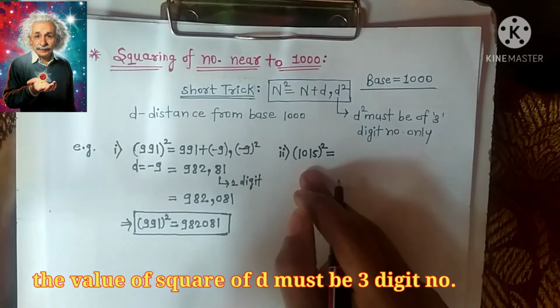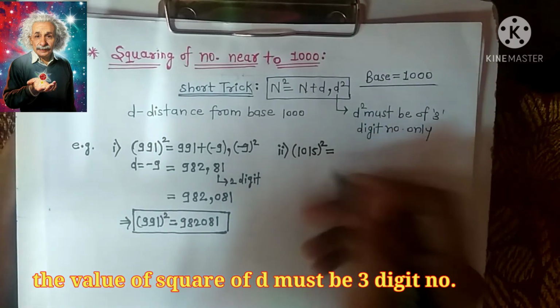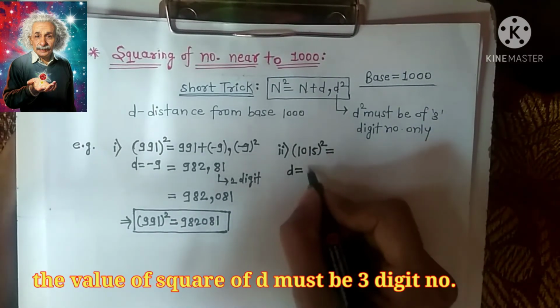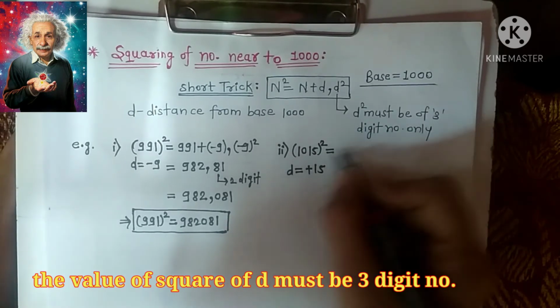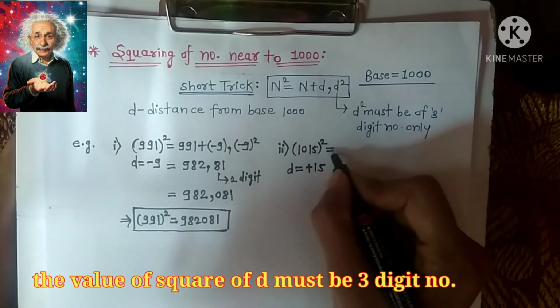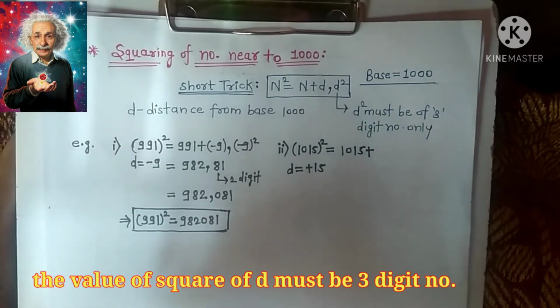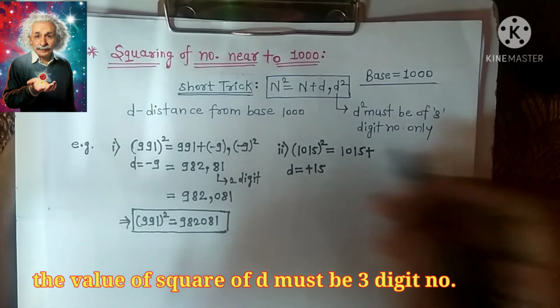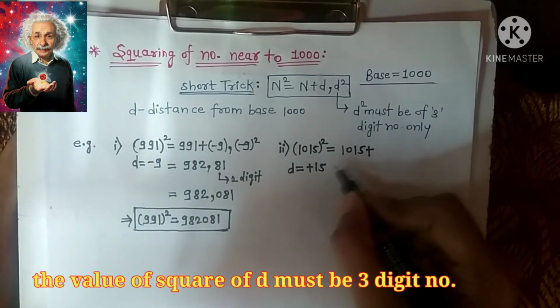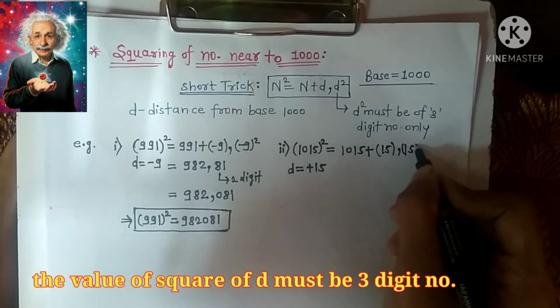Next example, square of 1015. Here the value of d is plus 15. So 1015 whole square is equal to 1015 plus d, 15 comma 15 square.